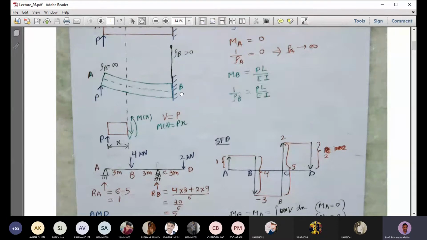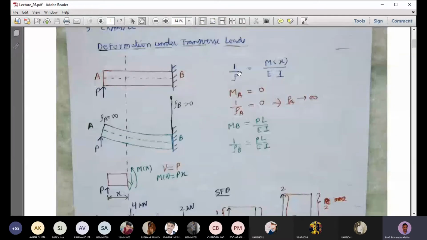If you want to calculate the curvature at A, substitute M of 0, which is 0, so 1 by rho A is 0. That is, rho A tends to infinity. So if you want to draw a circle at this point, the center of the circle will lie at infinity.